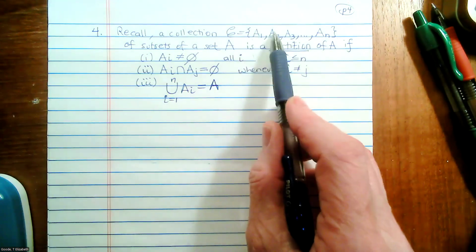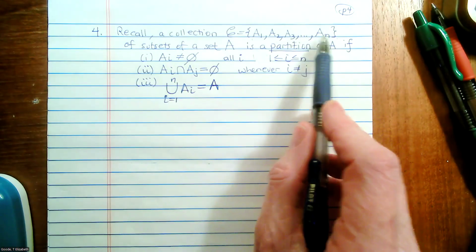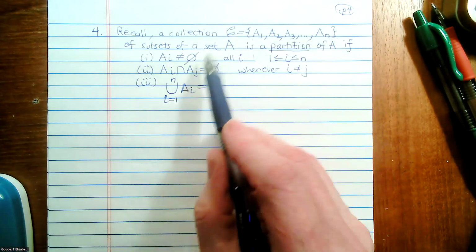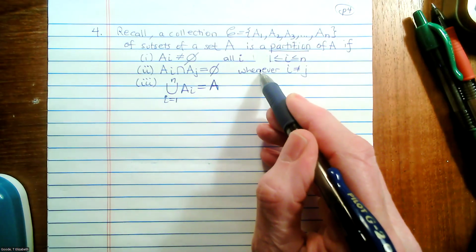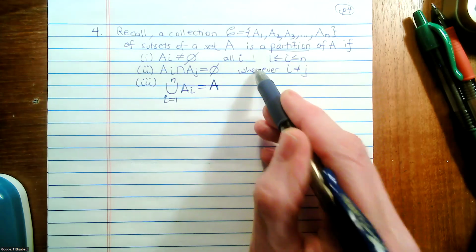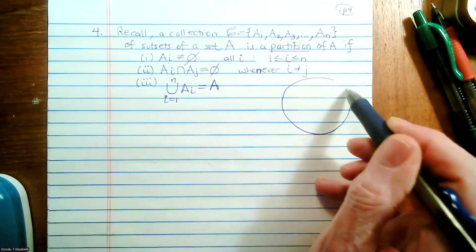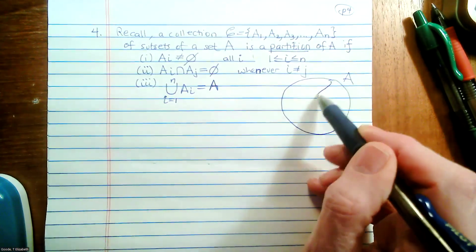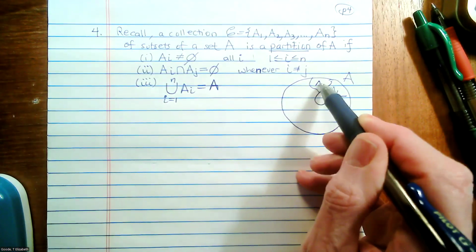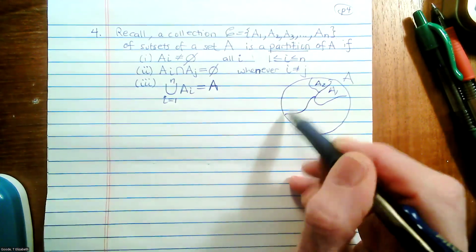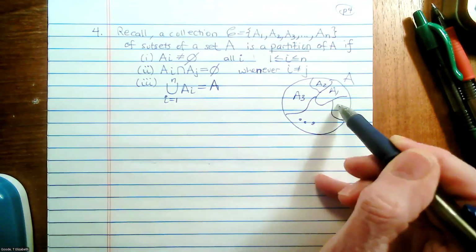Each of these subsets is non-empty. None of them have anything in common with any of the others, so they're pairwise disjoint. And the union of all of them is the big set A. So you can think of it like this. Here's A, and maybe A1 is a subset, and here's A2 and A3, dot, dot, dot, and then A sub n.